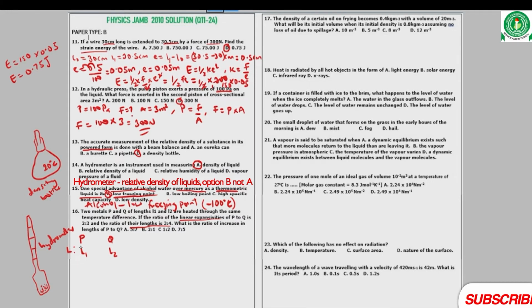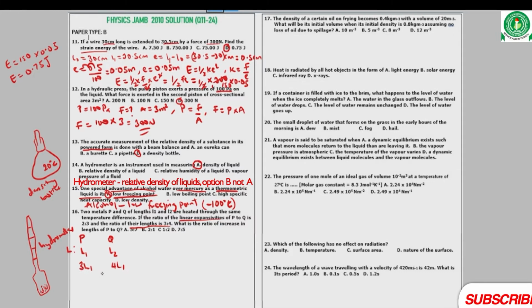So if this is 3L1, this one will be 4L1, because they say it's 3:4.